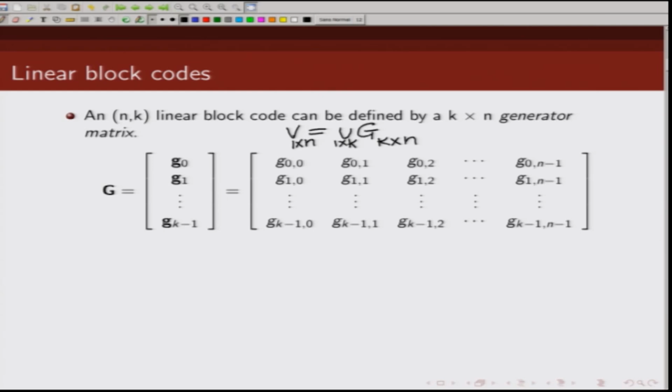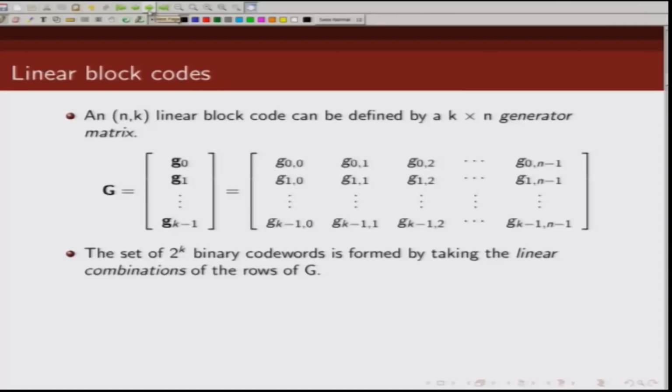So, how do we find code words? We find code words by taking linear combinations of rows of the generator matrix. In case of binary codes, the entries in the generator matrix are either 0 or 1, depending upon which bits are used to generate a particular coded sequence. We form a set of 2^k code words by taking linear combinations of rows of the generator matrix.